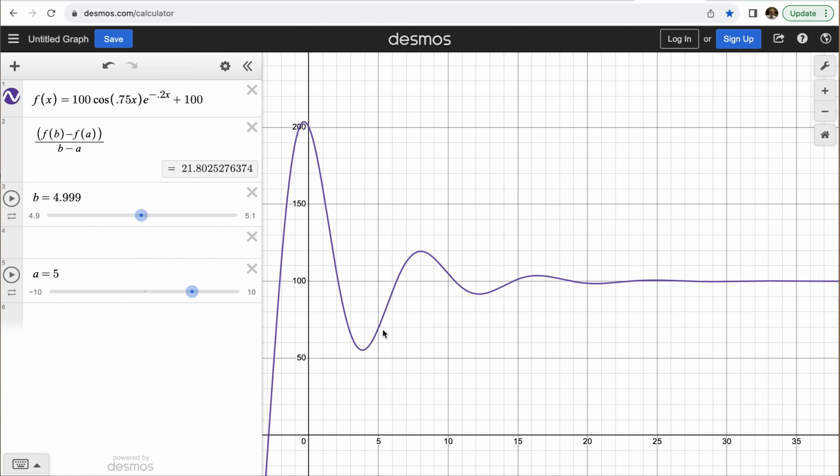And it looks like at 5 it was positive, so it's going up 21.8 feet per second. So I'm finding the slope at those places.